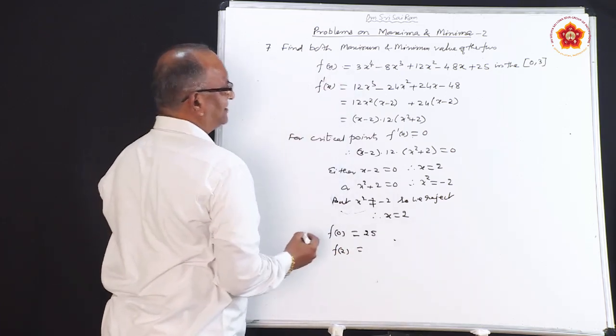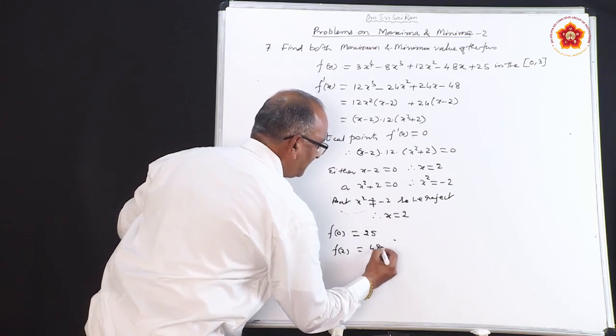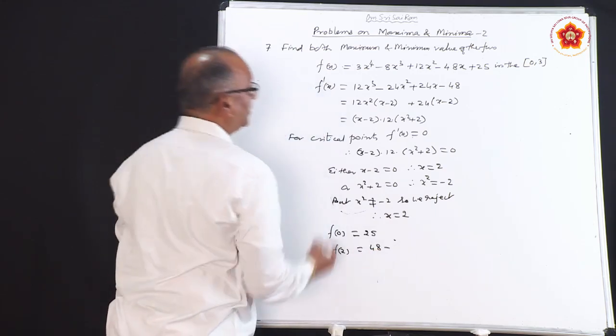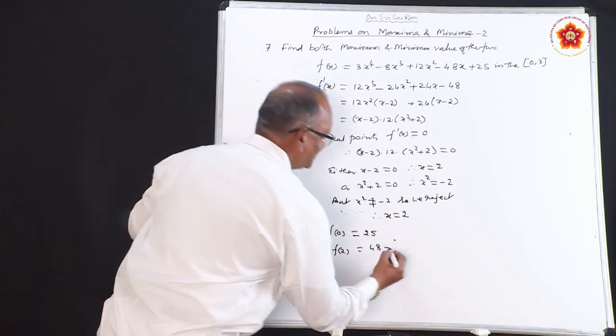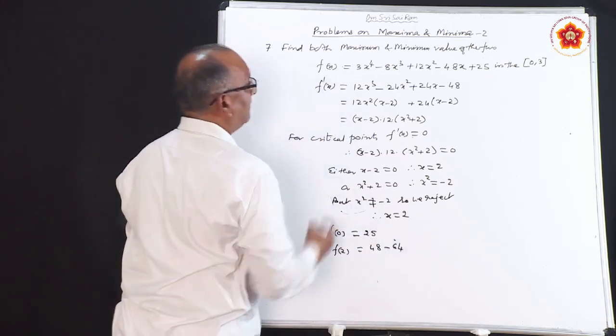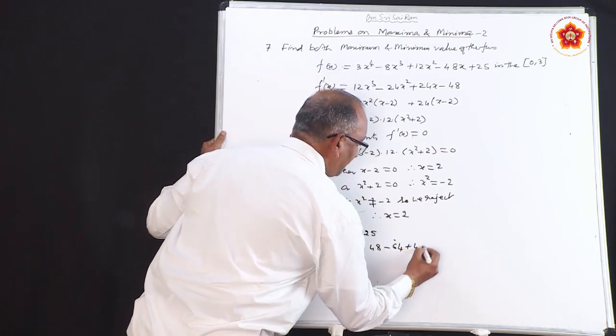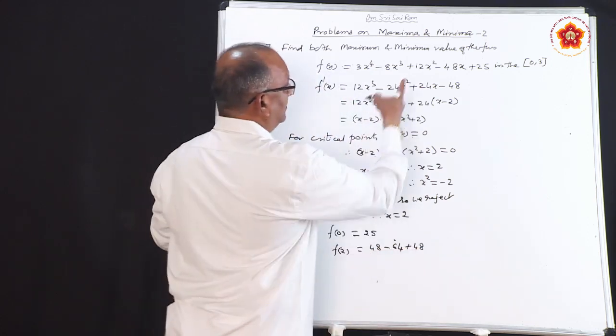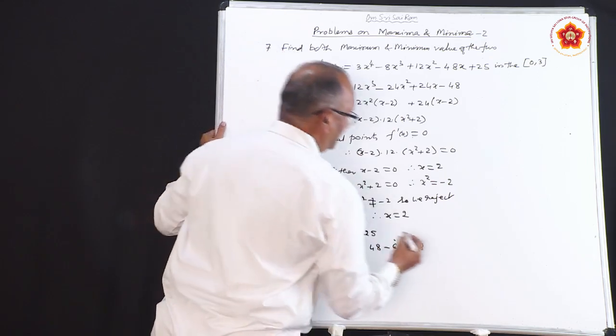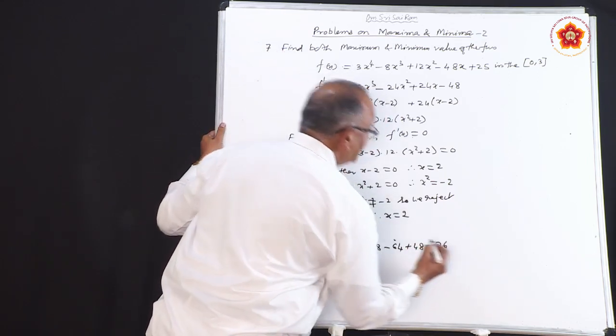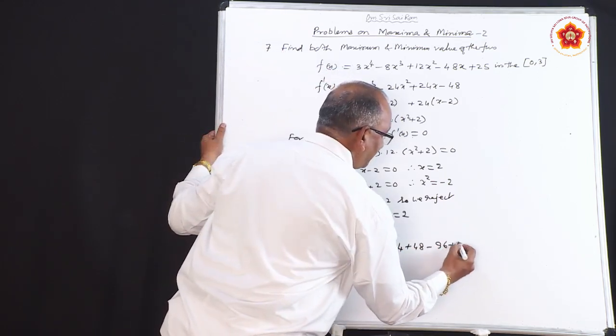Now, take the value f of 2, the point which we got, substitute in that. 2 to the power 4 is 16, 3 16s are 48, minus 2 cube is 8, 8 8s are 64, 2 2s are 4, 4 12s are 48, minus 48 into 2, minus 96 plus 25.